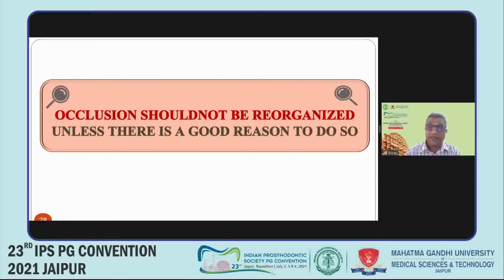With all this understanding, I would say occlusion should not be reorganized unless there is a good reason to do so. Simply jumping to the reorganized approach will cause a lot of problems in the entire masticatory system.